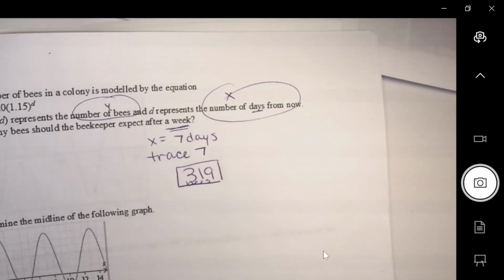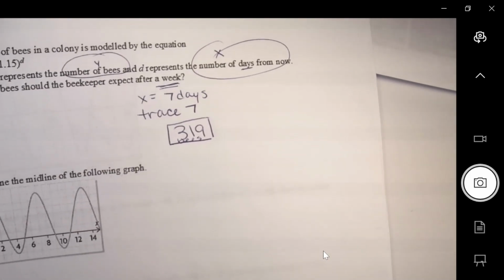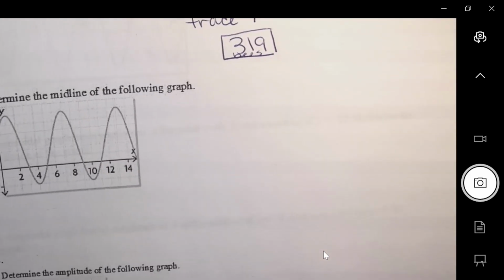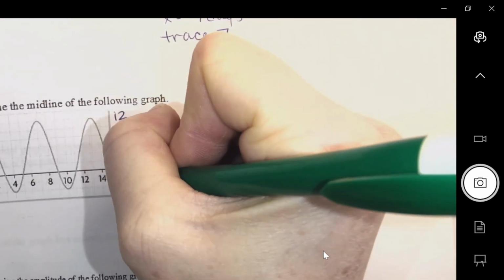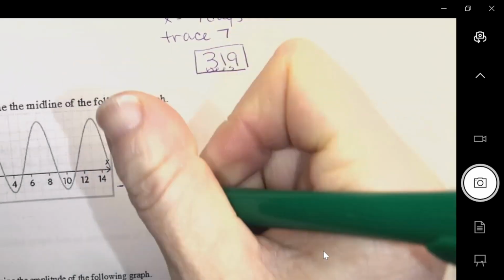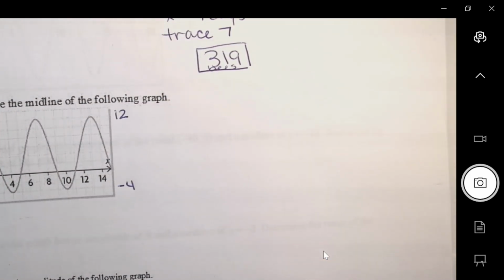Okay, determine the midline. So I can see that the top is 12 clearly and the bottom is -4. What number is in the middle? It might be a little bit harder to see on the graph specifically, so I'm using the top and the bottom to think about what's in the middle.